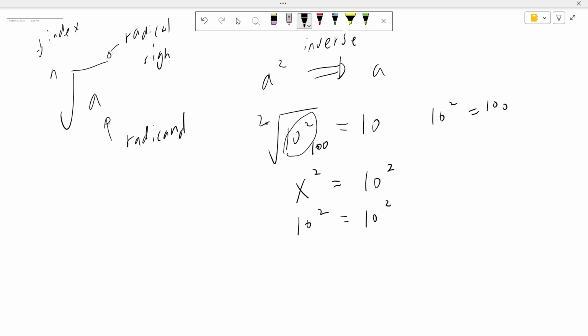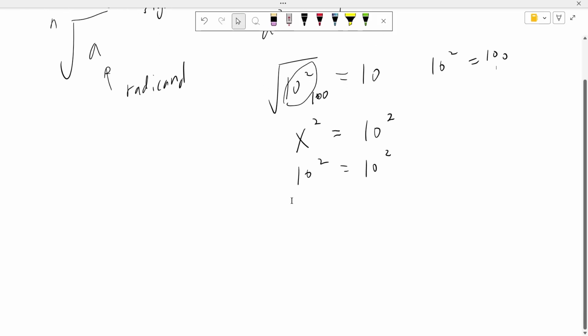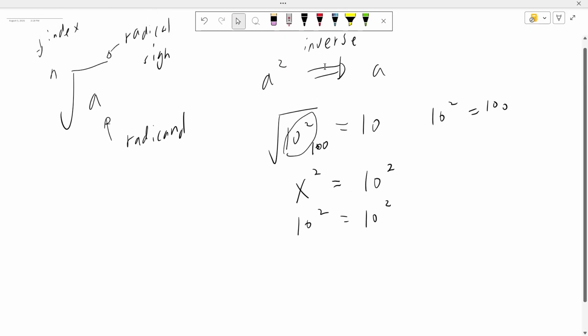If it's 2, then we don't have to write the 2, we can omit it, and it's implied that the 2 is there. One thing to notice is that when you take the square root of 10 raised to the second power, you don't get plus or minus 10, but exactly 10.